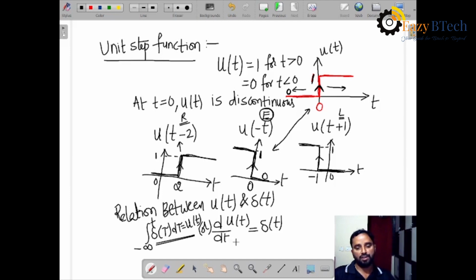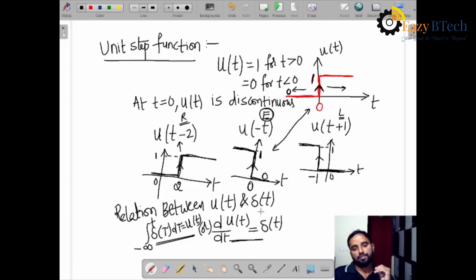Very, very important relations. So both are the same. That is the relation between the unit step signal and the unit impulse. Integration of impulse will give you the step signal. Differentiation of step is equal to the impulse function.